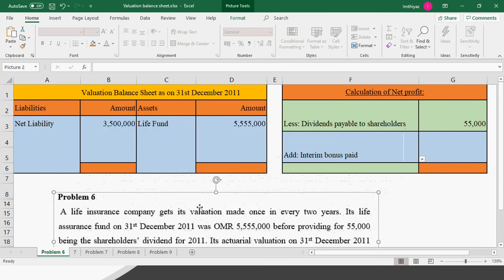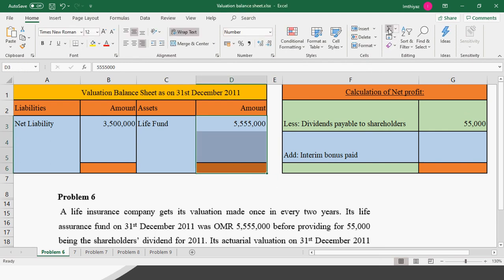Now we need to identify whether the life insurance business has incurred net profit or loss. So before that, first we need to consider the valuation balance sheet and then we need to move on to calculation of net profit. So we need to see which side is more. If we look at assets and liabilities, assets are more.